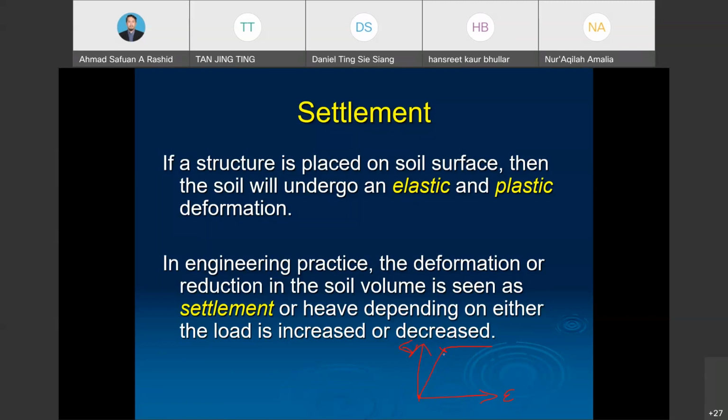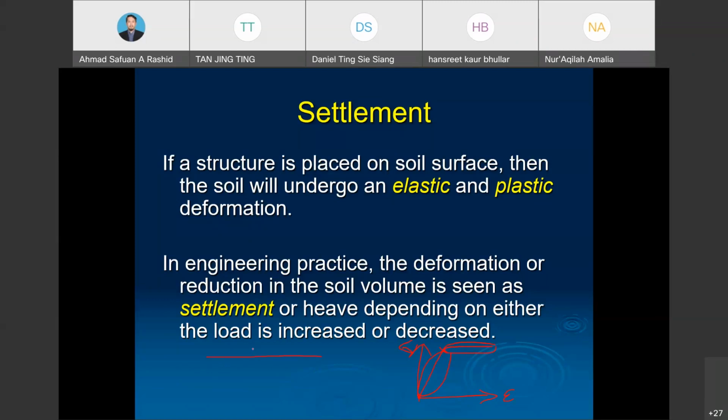This can be considered the elastic area, while this we consider the plastic condition. So in engineering practice, the deformation or reduction in the soil volume is seen as settlement or heave, depending on whether the load is increased or decreased.